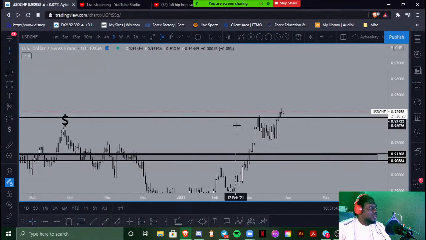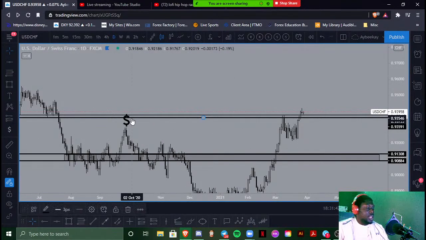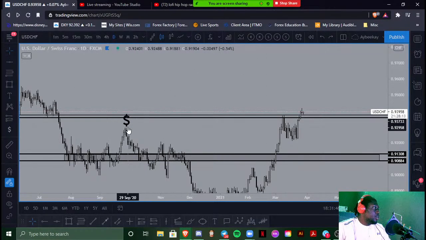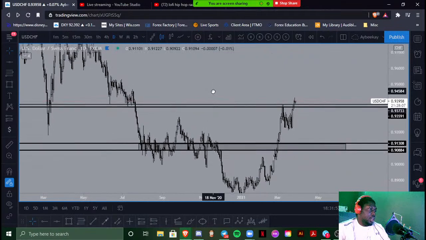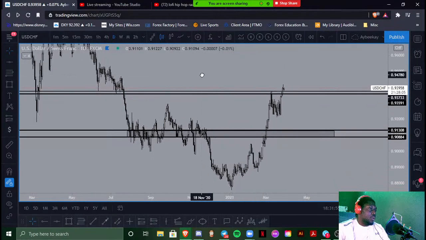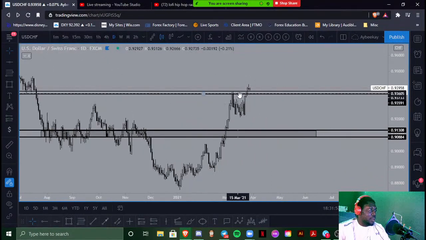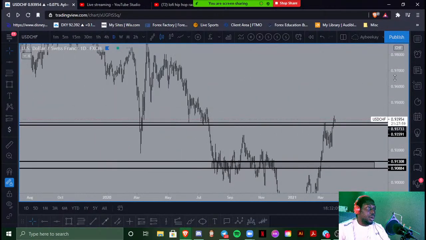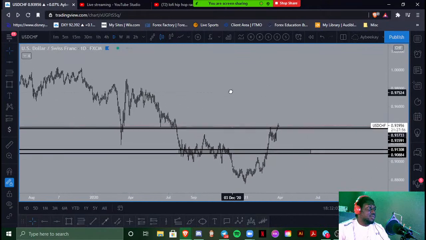I do still really see USD CHF going bullish, but then I'm just really wondering how much more, you know? Because especially, like I said, with the DXY, it did push up to the upside, but it's at a zone where it could definitely be turning around, and even kind of, well, not really.